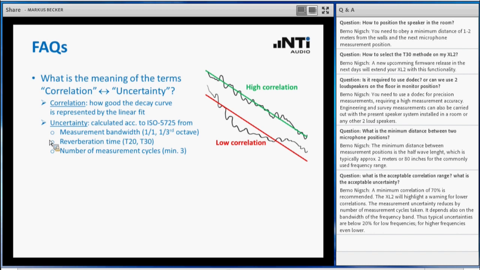The second parameter is the measured reverberation time. The longer reverberation time, T30, provides lower uncertainties than T20. And third, the number of measurement cycles, which has to be a minimum of 3 to allow the calculation of an uncertainty, and can be more. The more cycles you measure, the better the uncertainty becomes.